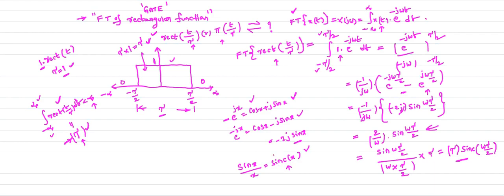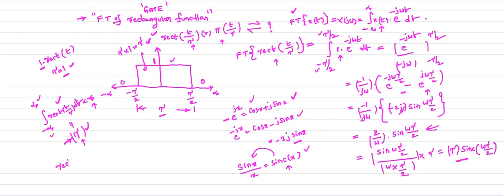Sinc of x is sin x by x. So this term looks like sin x by x, which is sinc x. Here x is omega tau by 2. So tau times sinc of omega tau by 2, this is the answer.